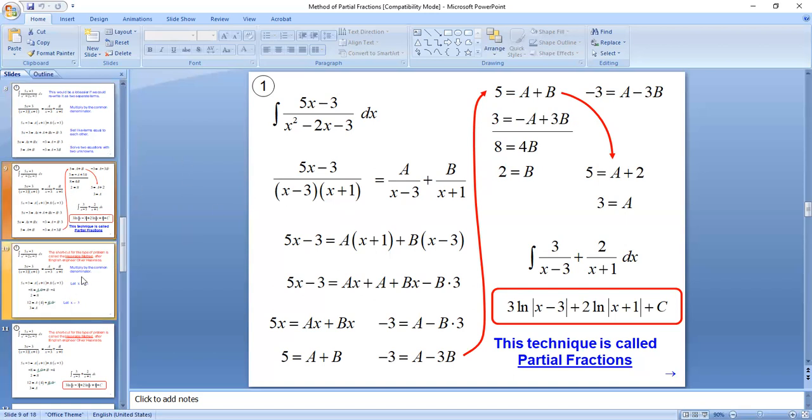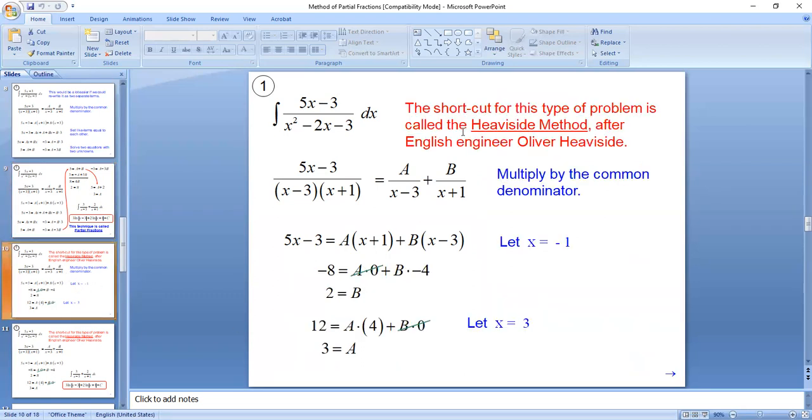I'd like to end with this alternative procedure. This is the shortcut method we call the Heaviside method. Now, you still set up your original fraction equated to the decomposed partial fractions. Then you still have to multiply it by the LCD. So you have this.